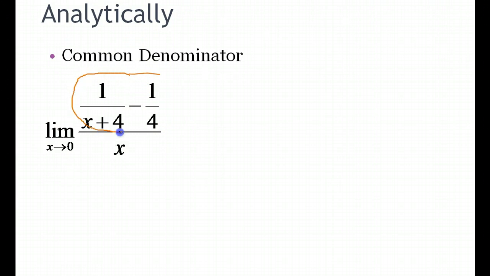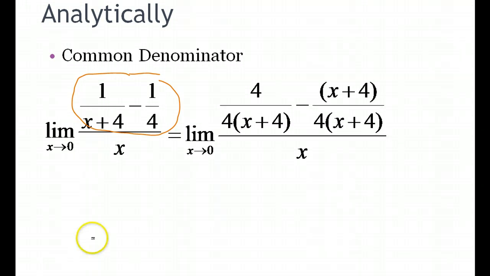So it looks like it's what's called a complex fraction. We've got a fraction divided by something else. It's a complex fraction. So we are going to multiply by the common denominator, which in the numerator part would be 4 times x plus 4.